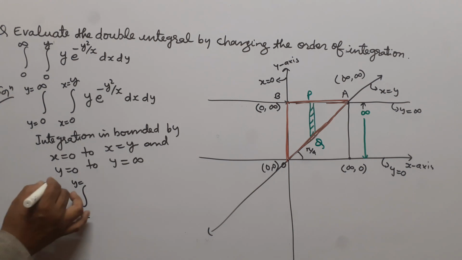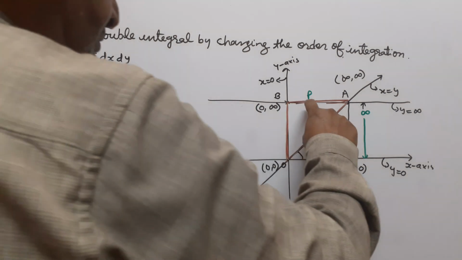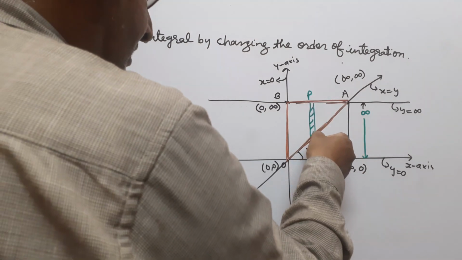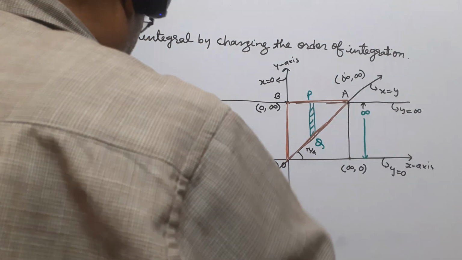So this distance is 0 to infinity, and in the PQ strip the lower end Q lies on the line x equal to y.